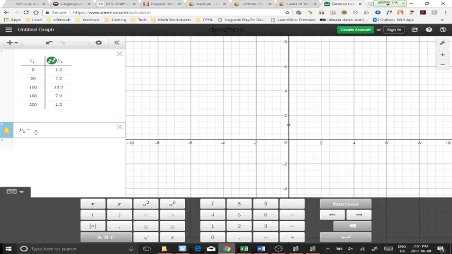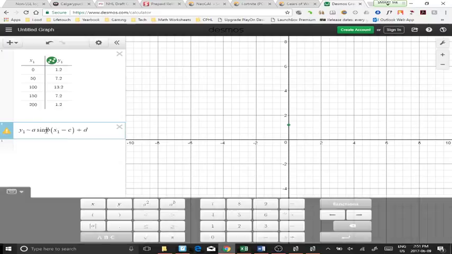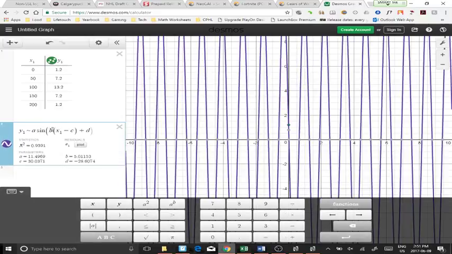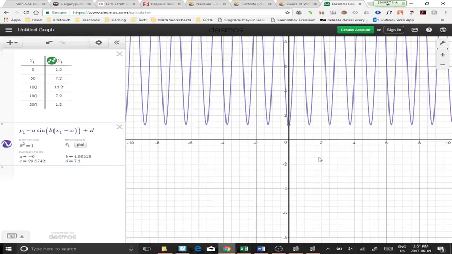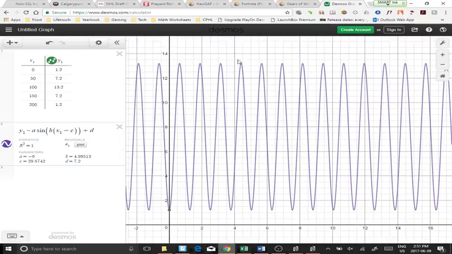Y1 is approximately equal to A times sine B bracket x1 minus C plus D. Oh, I see. We need another bracket there. The problem is it just goes nuts.